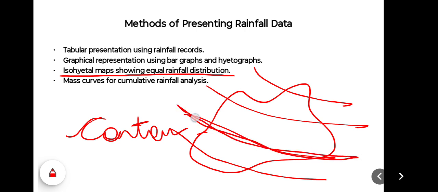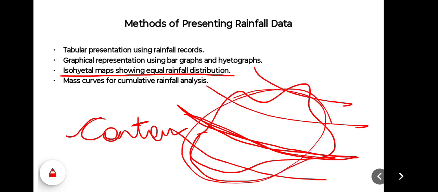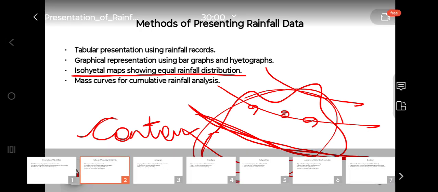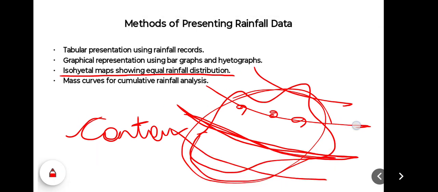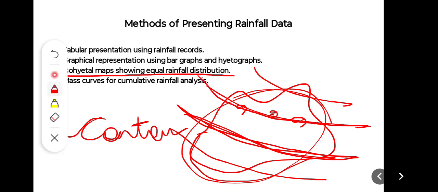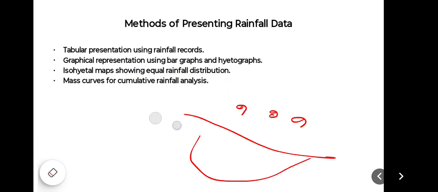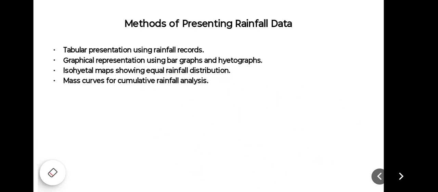Similarly, the line which joins the same rainfall. Like this is your area. So in that area, if these locations have received the same rainfall during a precipitation, then you have to make a line through them. Then you can say that this line has the same rainfall.